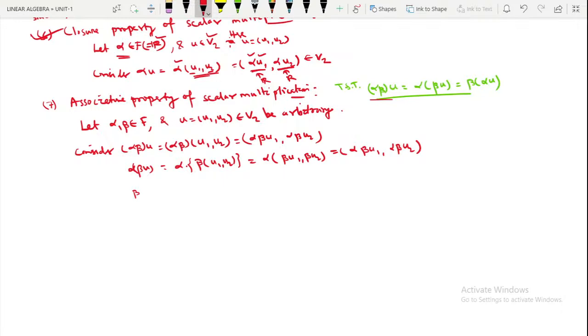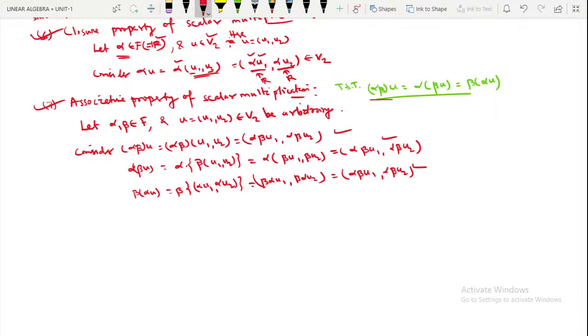Similarly, beta times alpha u is beta times (alpha u1, alpha u2), which is (beta alpha u1, beta alpha u2). And you know alpha into beta is the same as beta into alpha, so this is (alpha beta u1, alpha beta u2). So all these three things are equal, thus it satisfies the associative property of scalar multiplication.